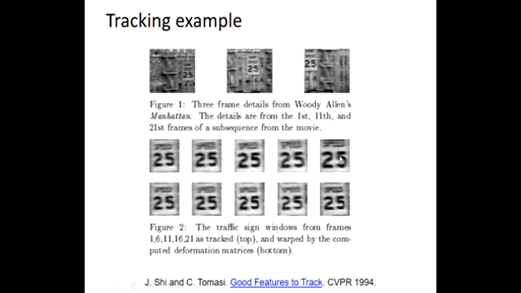In order to check to see if your track is correct, you do an affine warp, or you solve for the affine match between this patch and this patch, and then the intensities all line up. So you can see that it's a correct match. This second row here is showing the window after doing the affine deformation. We'll talk about affine alignments of images in a later class, but it's just a warping that accounts for rotation, scale, and shearing, as well as the translation.